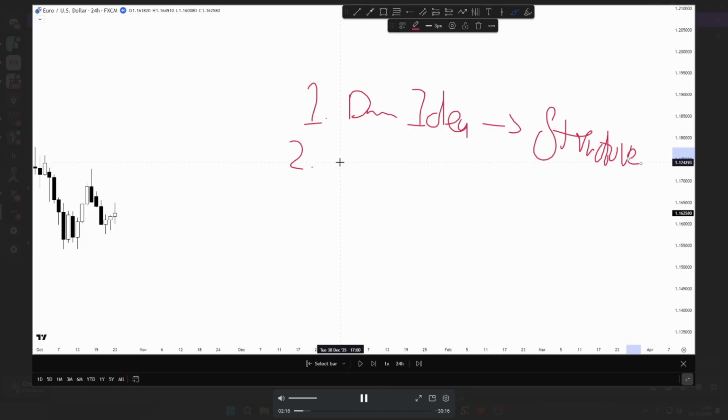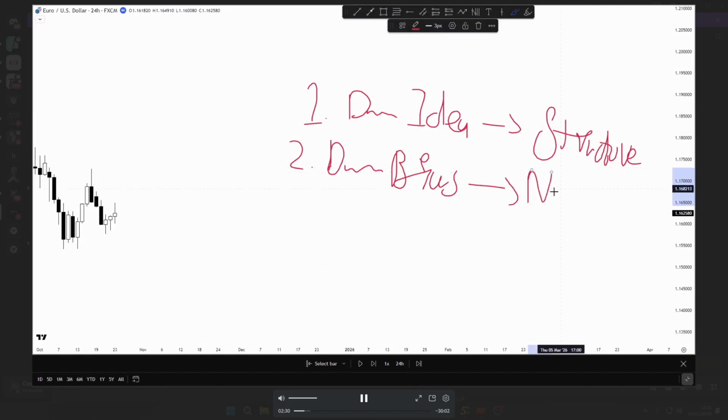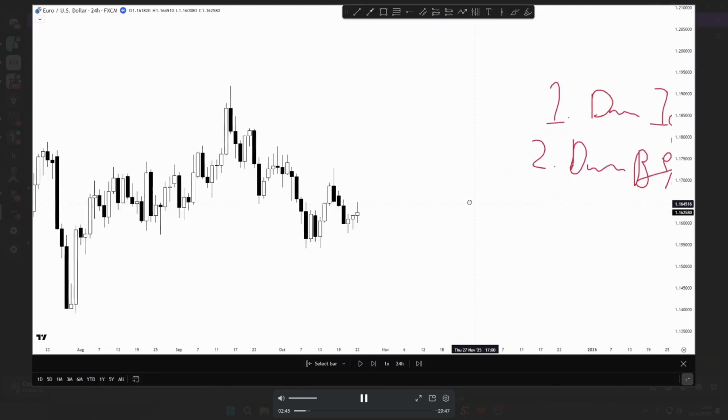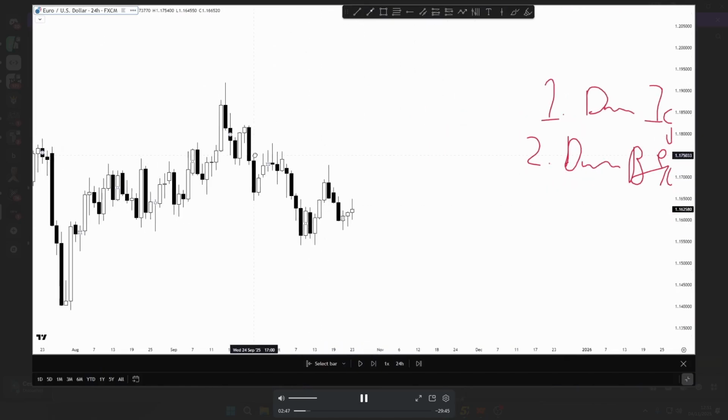And then the second step is building a directional bias from that idea through the concepts within the narrative component. So the first step is building a directional idea, and the next step is to establish a bias from that idea using the concepts within this component. Let's see how I did that.